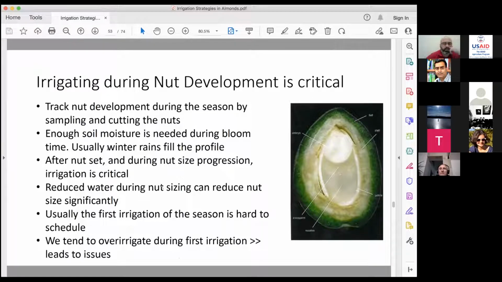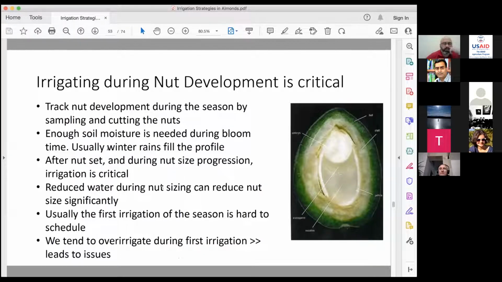So what is really critical is that you keep on monitoring your soil moisture levels. By doing that, you can avoid over irrigation.